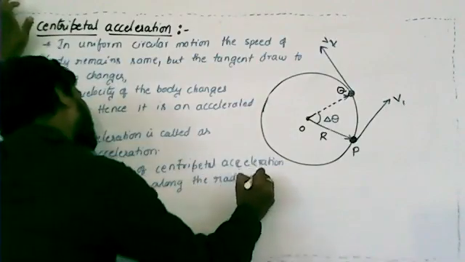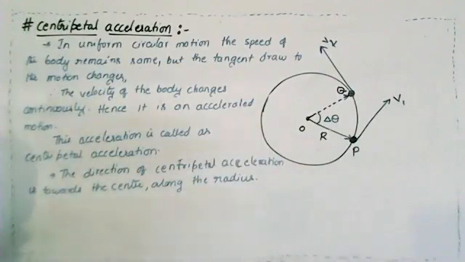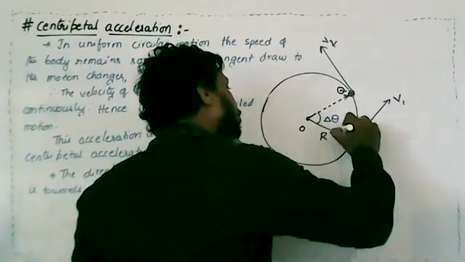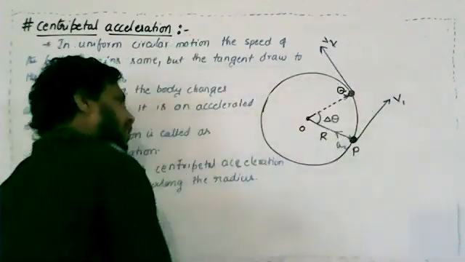Clear? Therefore, centripetal acceleration is towards the center along the radius.